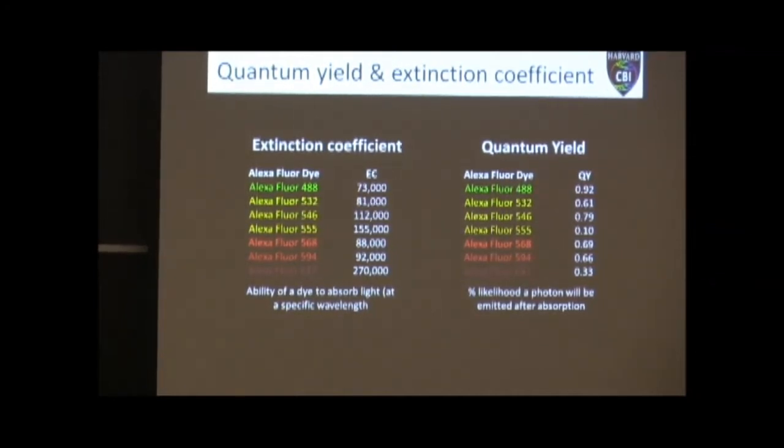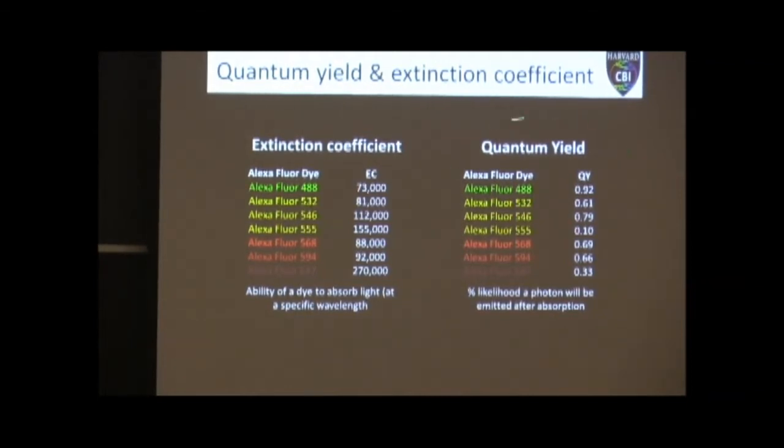You can measure these yourself. But you can see each dye has its own characteristic extinction coefficient. The higher this number is, the better that dye is at absorbing light. Okay? And these are all measured at a specific wavelength. And with the Alexa dyes, it's usually right at the wavelength that's in the number of the dye.